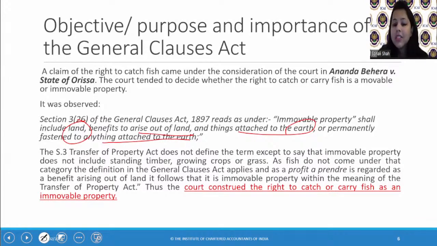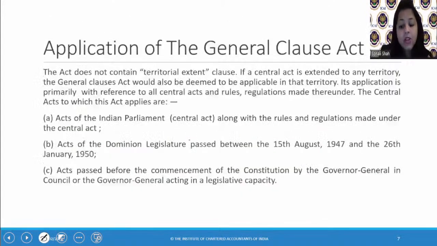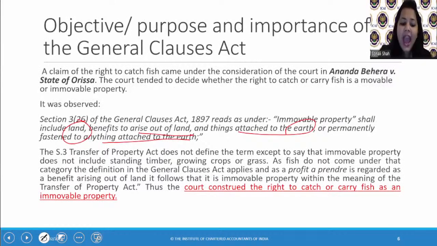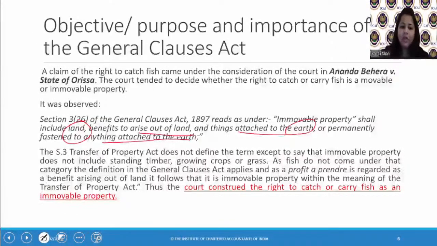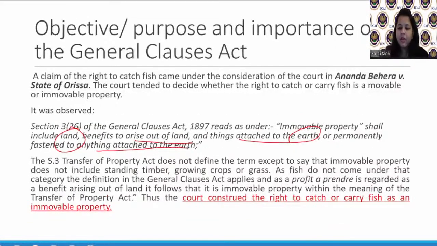So the courts said that the right to catch or carry fish is an immovable property. So this is how the GC Act comes to the rescue of the courts. Is this clear?